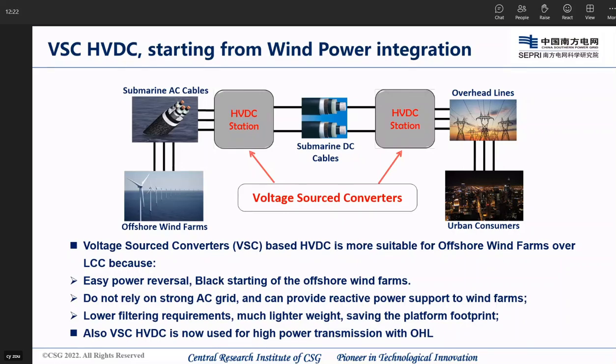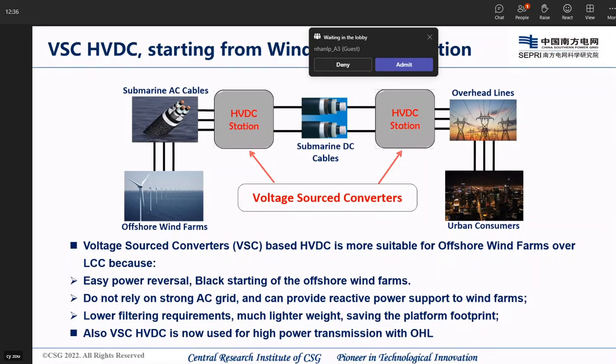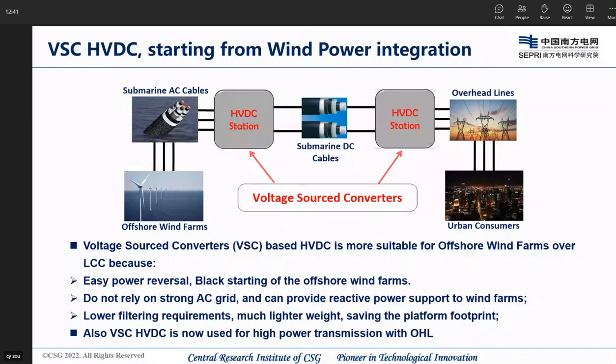So it provides black start capacity for offshore application. This is the main reason why VSC is used in this scenario. Because the wind farms have no other AC source, they need the HVDC to provide black start ability. The LCC cannot be used to black start the network.